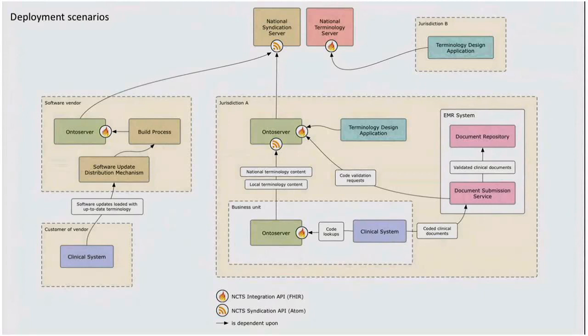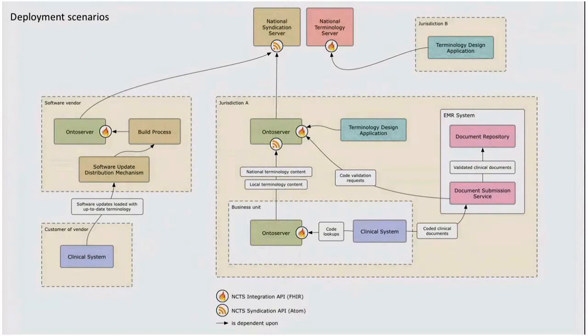So those first two examples are fairly trivial, really. They're fairly simple. For a larger jurisdiction, however, you may want to take your design to the next level. So what you can see here is for jurisdiction A, they have their own master terminology server, which syndicates content from the national server.